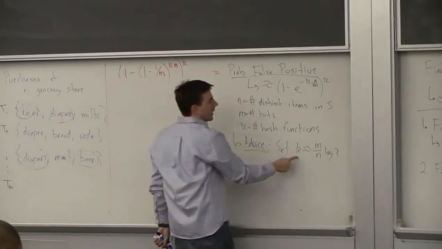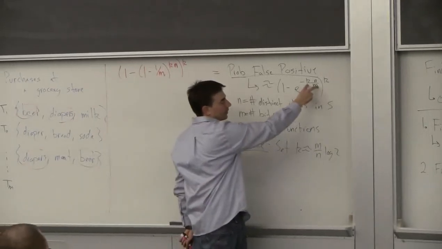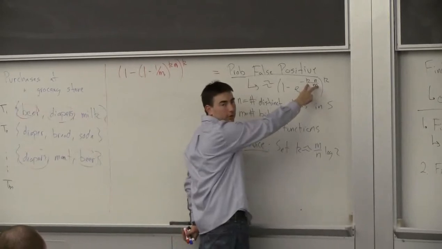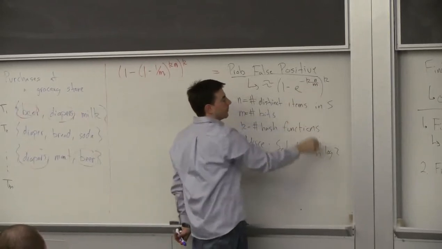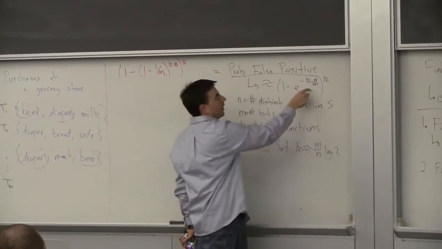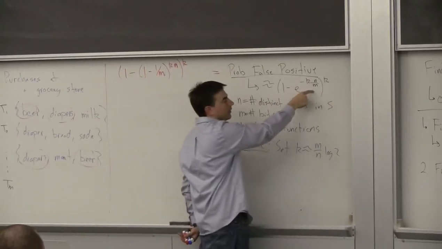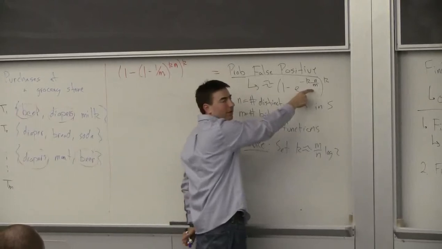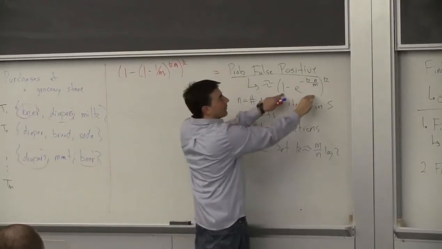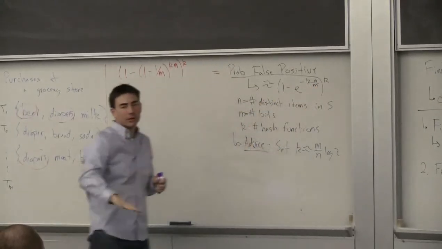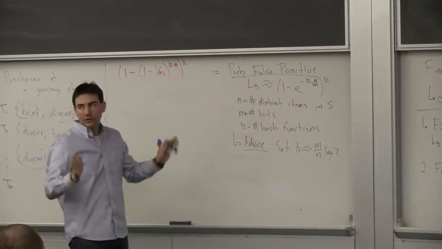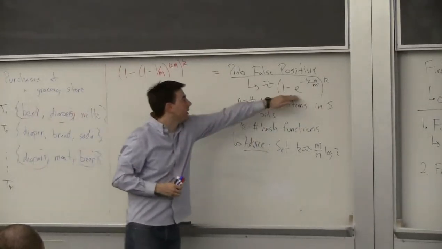So I want to set k so this quantity is basically log 2. Then this is going to be some constant, far enough away from 1, and taking it to the kth power is going to drive the probability down. That's how to look at this term.